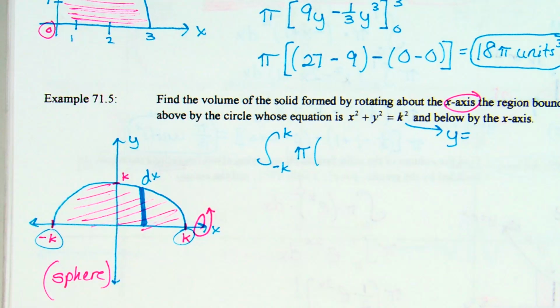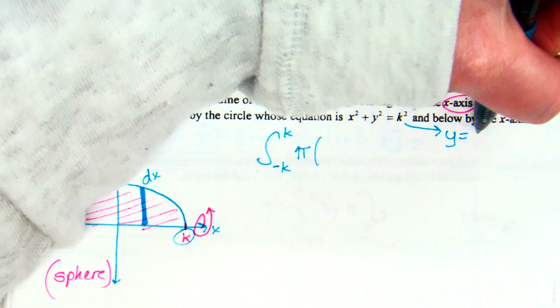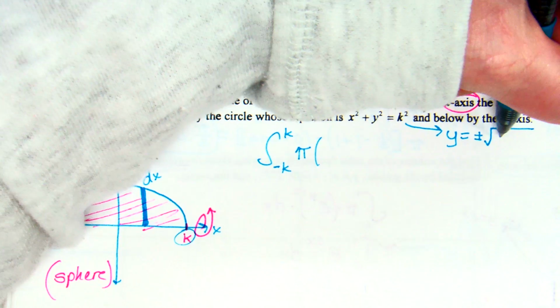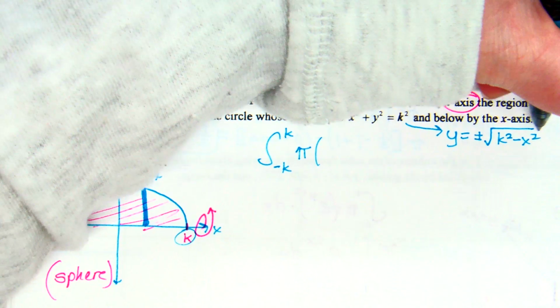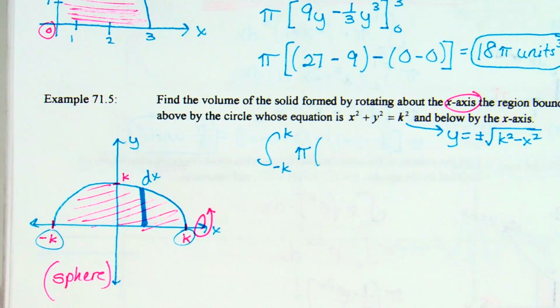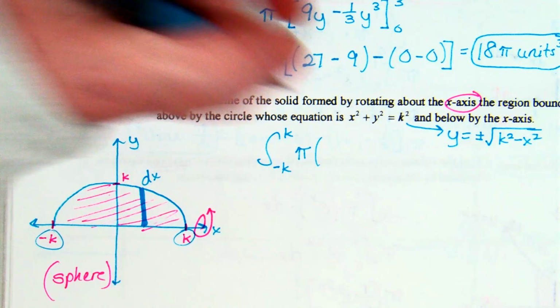So if you get y squared by itself, it's k squared minus x squared. So officially, it's plus or minus the square root of k squared minus x squared. We only need the top half, so we only need the positive. So officially, it's the square root of k squared minus x squared, quantity squared, times dx.